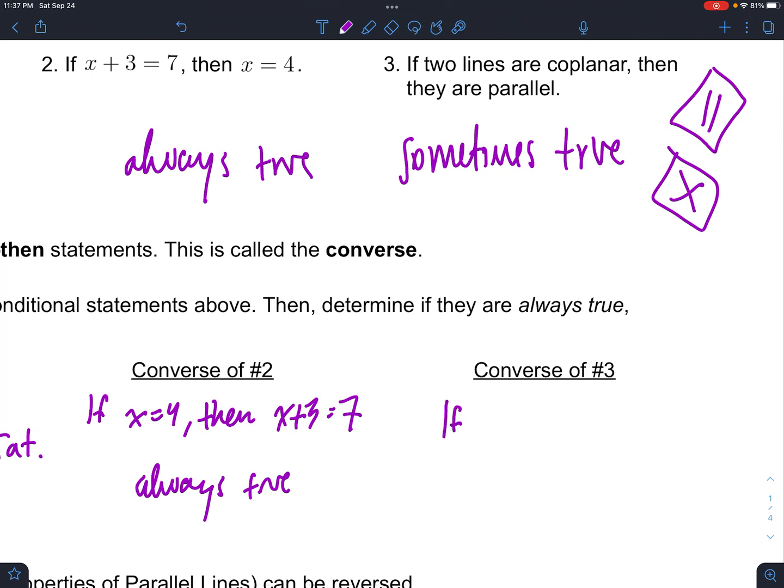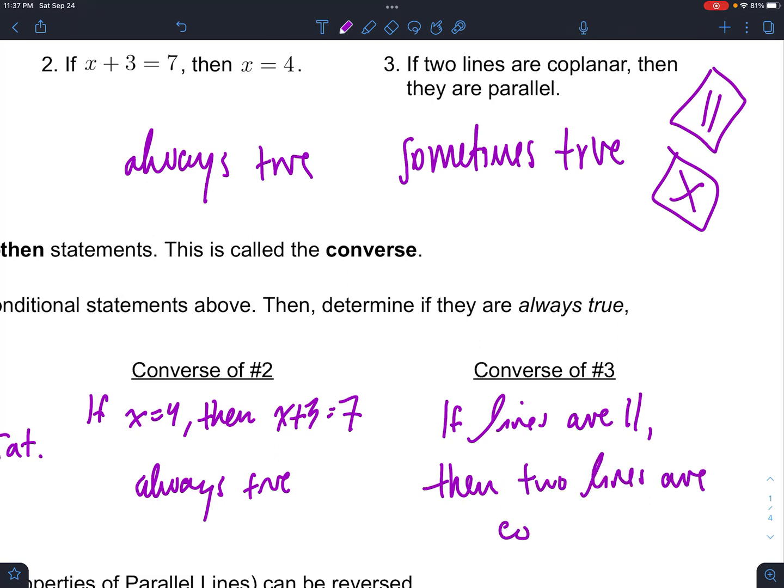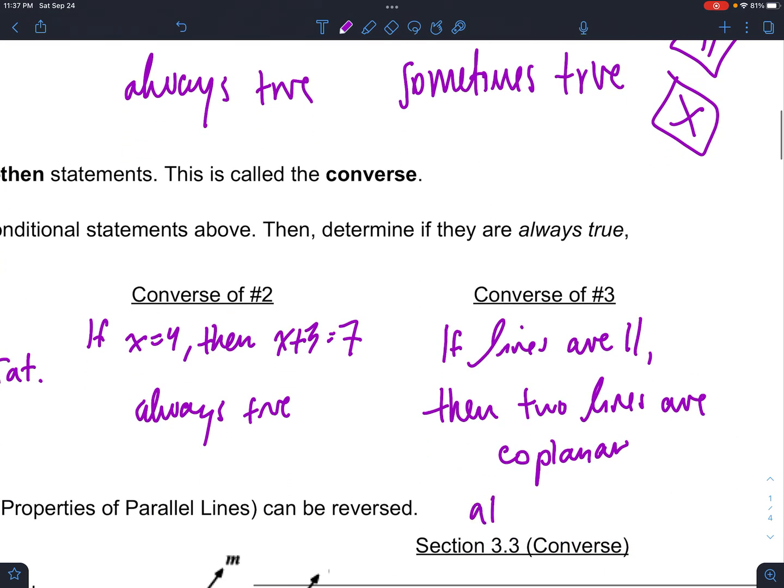And this one, if lines are parallel, then the 2 lines are coplanar. And that is always true by definition, because we defined parallel lines earlier as being coplanar and not touching.